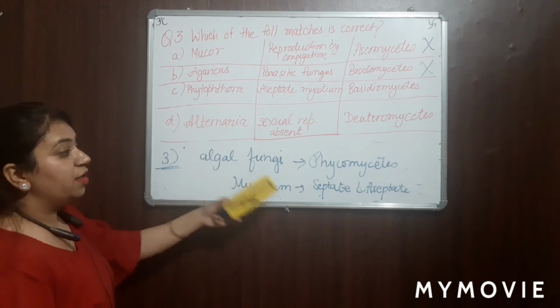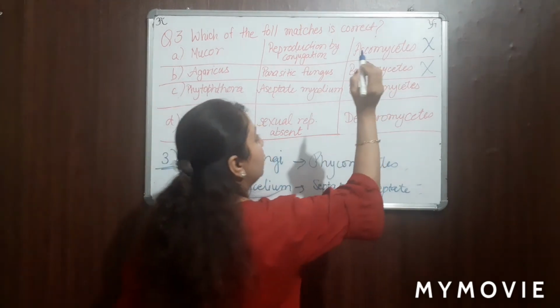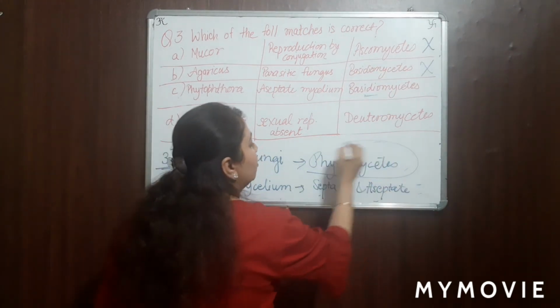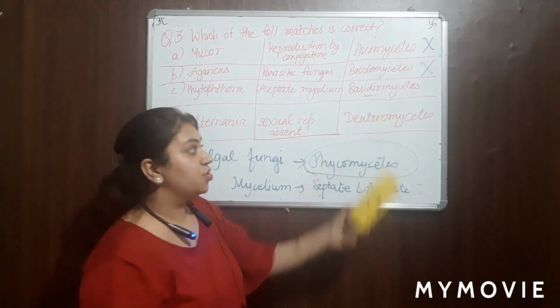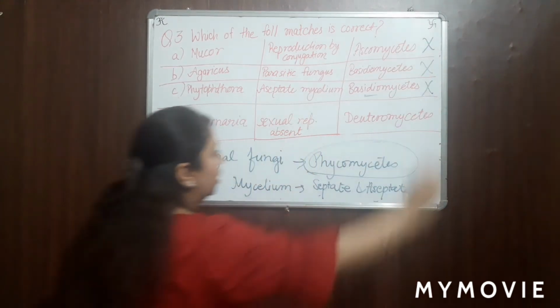So this is also incorrect because in the option it is given basidiomycetes, but actually it is phycomycetes. So this is also incorrect.